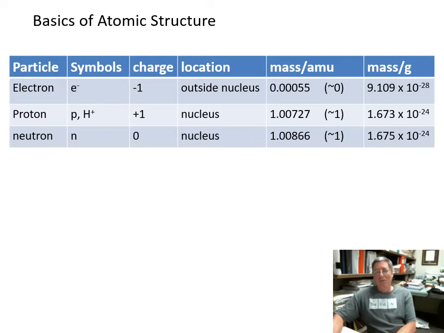We'll use the symbol e with a superscript negative for electron. A proton is actually a hydrogen ion, so H plus is a proton, or p, and then n for neutron. And you need to know the charges on these. I'm guessing most of you do. Electrons are negatively charged, protons are positively charged, and neutrons are neutral.